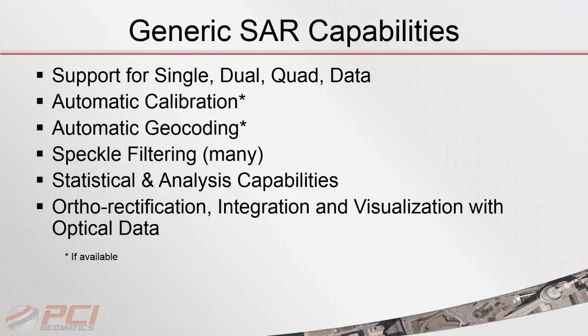Very good tools for statistical and analysis capabilities. And really the strength of our system is you can go from a raw satellite image or an SLC single look complex image all the way to producing an orthorectified product and work maybe in a mapping application like ArcMap or ArcGIS to do your final mapping.